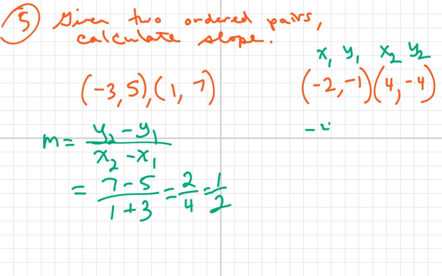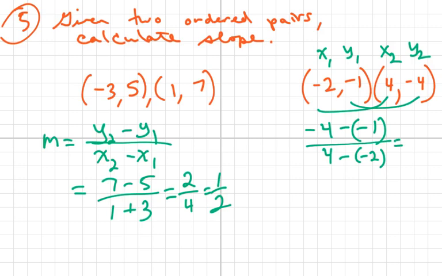So -4 minus -1 over 4 minus -2. So -4 plus 1 is -3, 4 plus 2 is 6, and that simplifies to -1/2. And you could also graph those on graph paper and use the triangle method to check your work.